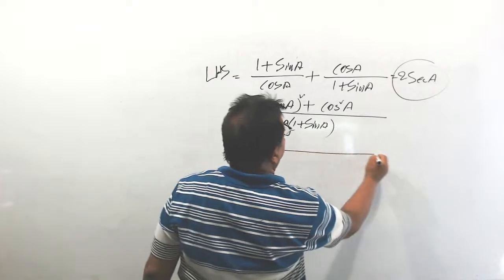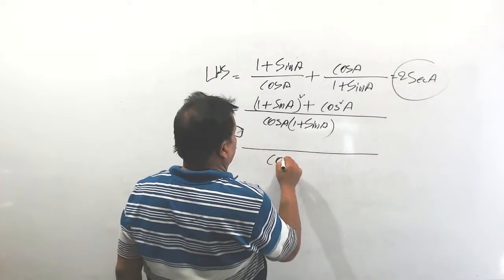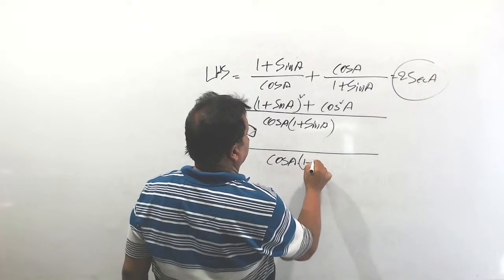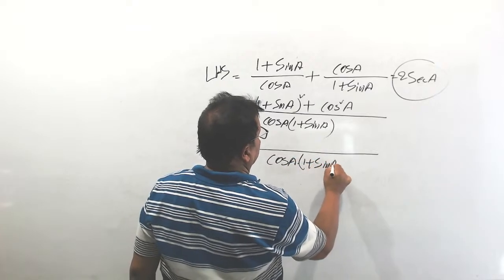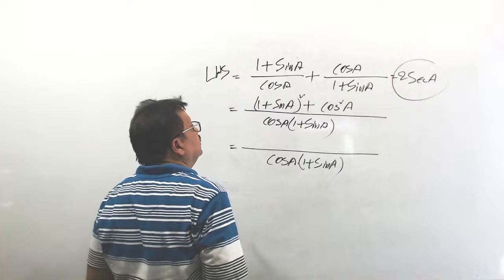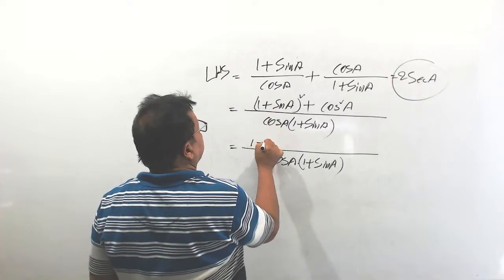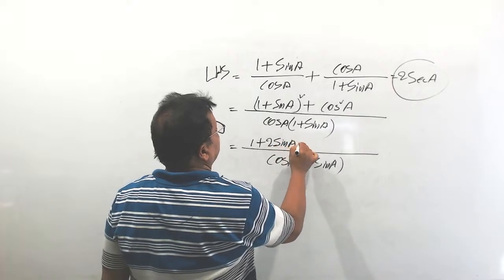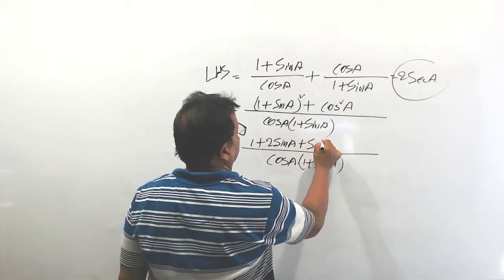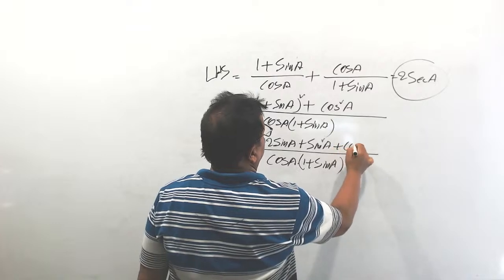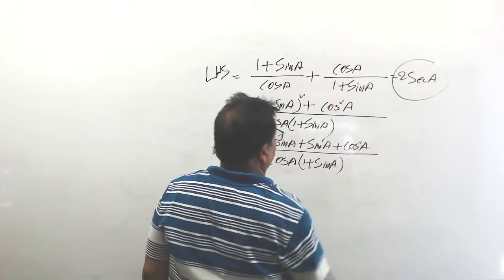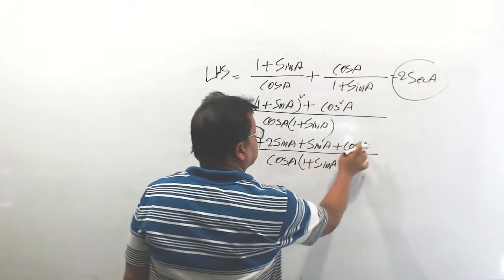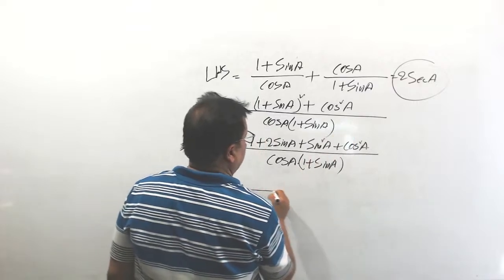This equals to cos A into 1 plus sin A, right? a plus b whole square, a square plus twice ab plus b square. Sin square A plus cos square A is equal to what? 1.